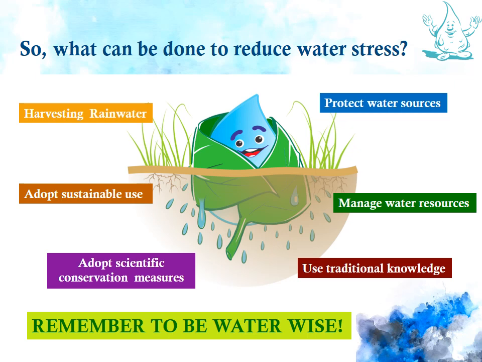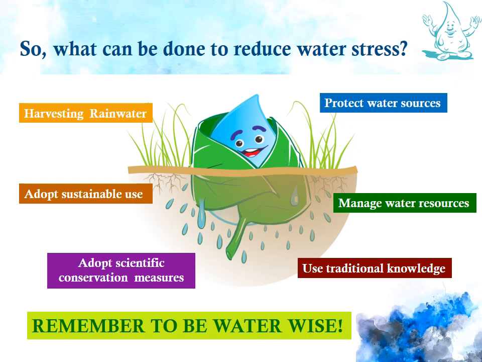There are many challenges, but we can at least start by taking action where we can, as individuals and as communities. We can start with protecting existing water sources by not polluting them. We can adopt sustainable use of water by following the 3 R's: reduce, reuse, and recycle.